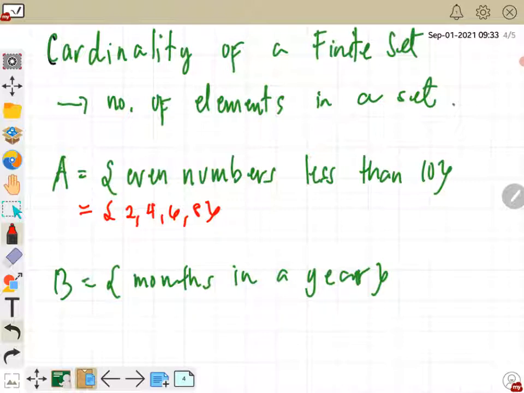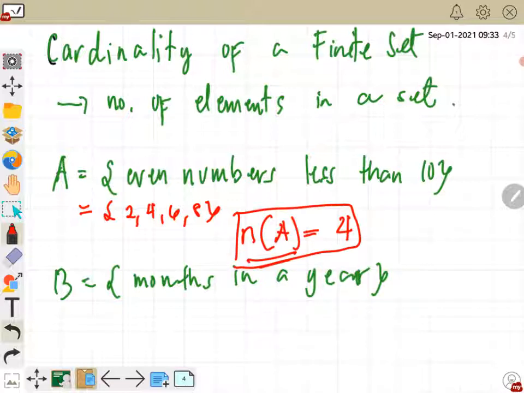For notation purposes, we say n(A), meaning the number of elements in A. This symbol means that the number of elements in A is simply 4. So in layman's terms, we say there are 4 elements in A. So the number of elements in A is 4.